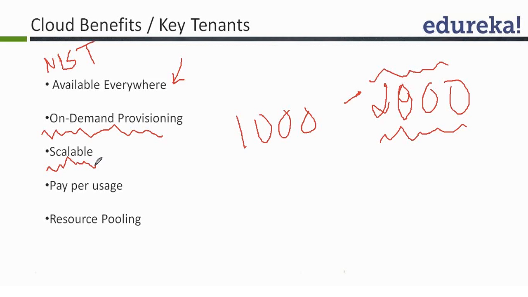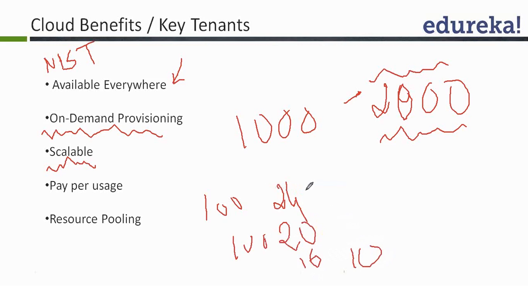But how about cost, Tarun? Are you sure you would be charging me for a whole year? My dear friend, I'm going to charge you only for the amount you are consuming. So say you ran 100 machines for 24 hours, 100 for 20 hours, some 100 for 16 hours, some 100 for 10 hours. Then I would charge those machines at the 24-hour rate, those at the 20-hour rate. For 24 hours, for 1 hour I charge you 15 cents, 20 cents.